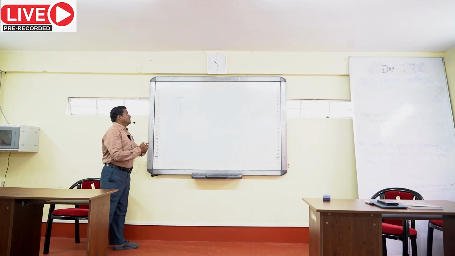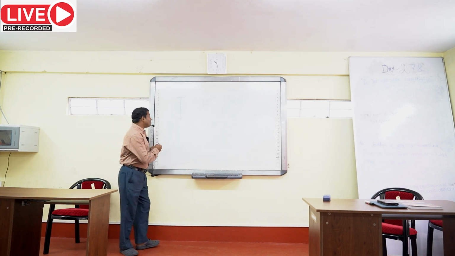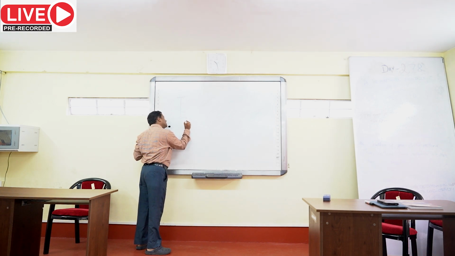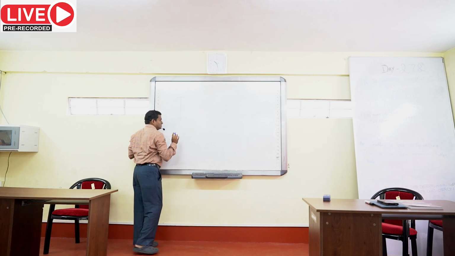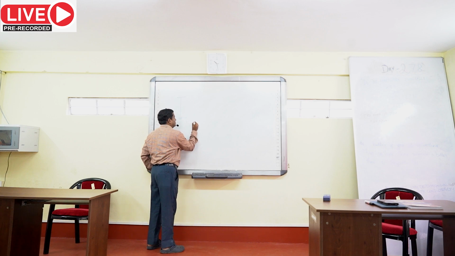The angle with the vertical is initially 0 degrees. Now you pull the mass with a variable force. F is variable.